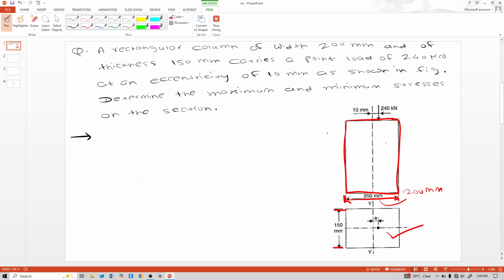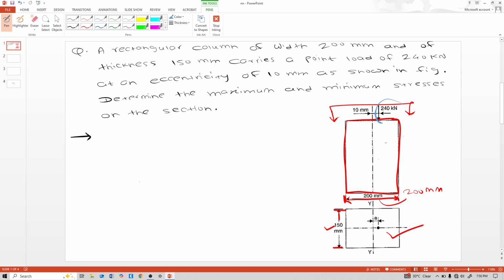This is nothing but the cross section of that column. You can also call it the top view of that column. So 150 mm is the thickness of that column. Generally we call it depth, but they have given it in the numerical as thickness. So this is 150 as the thickness.